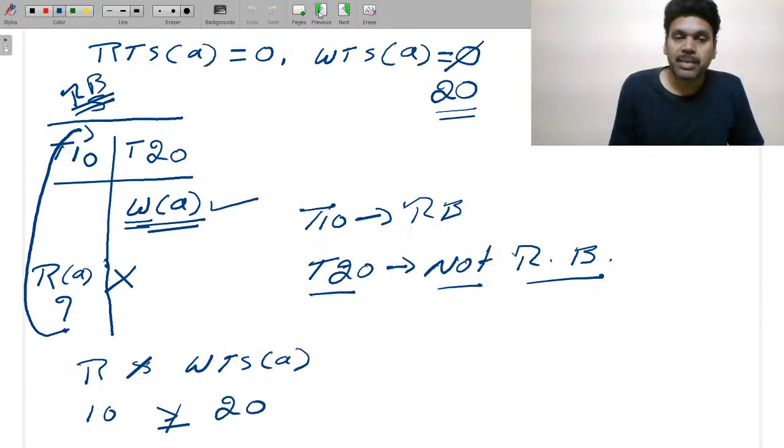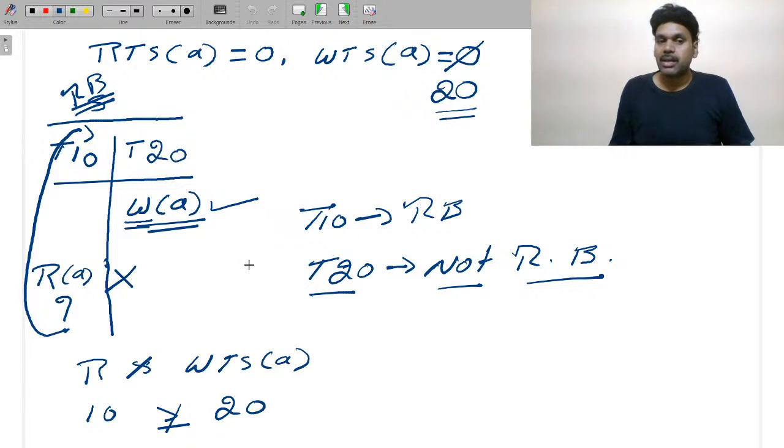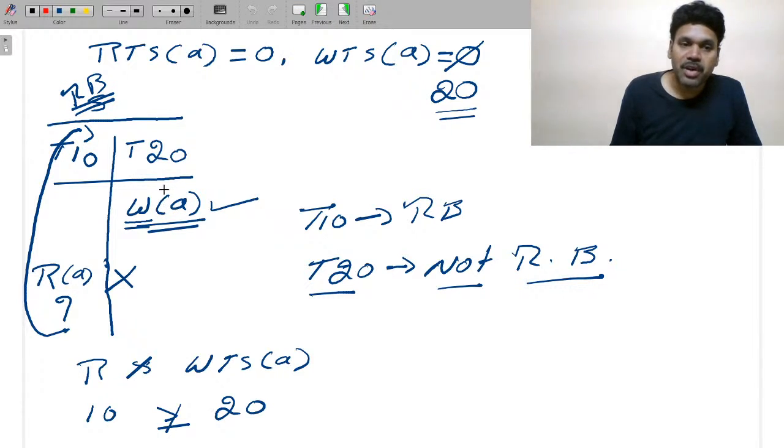Please look at the previous diagram, friends. Initially, I performed W of A. So T20 is not depending on any other transaction. Therefore, T20 is not going to roll back.